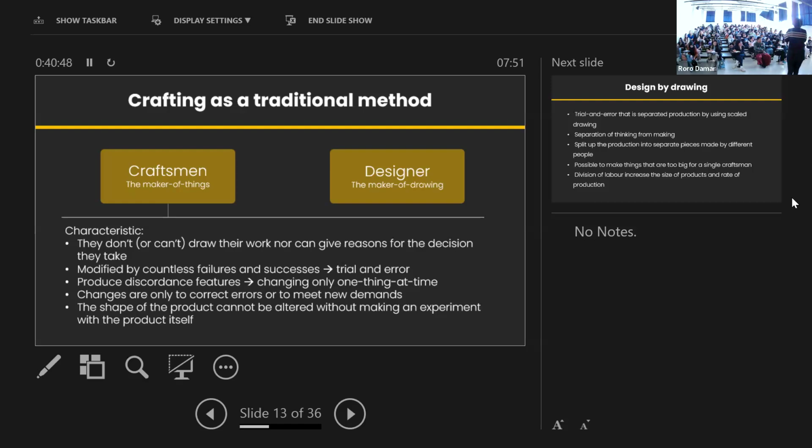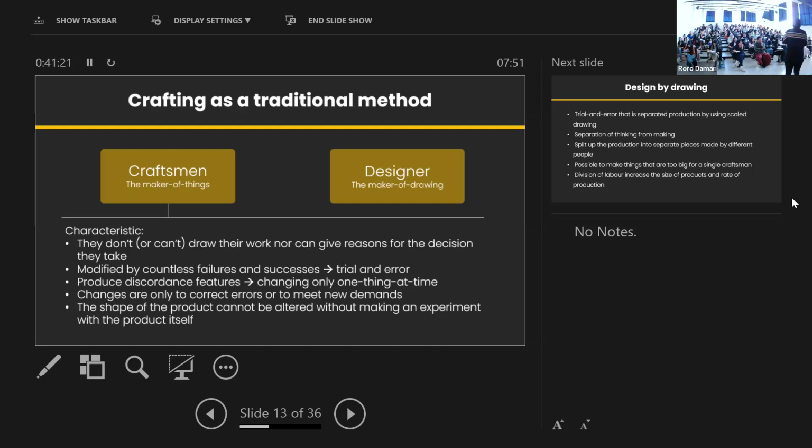Craftsman, ya. Contohnya apa? Craftsman itu. Can you make any example of craft, that probably is different from designing? Anyone? Crafting?